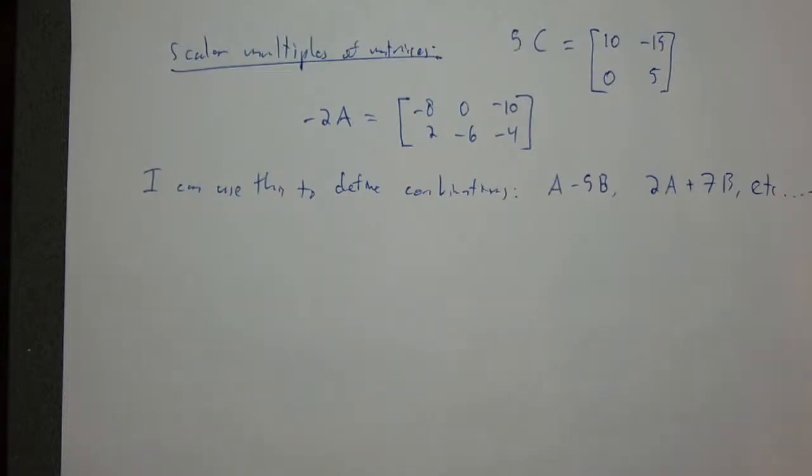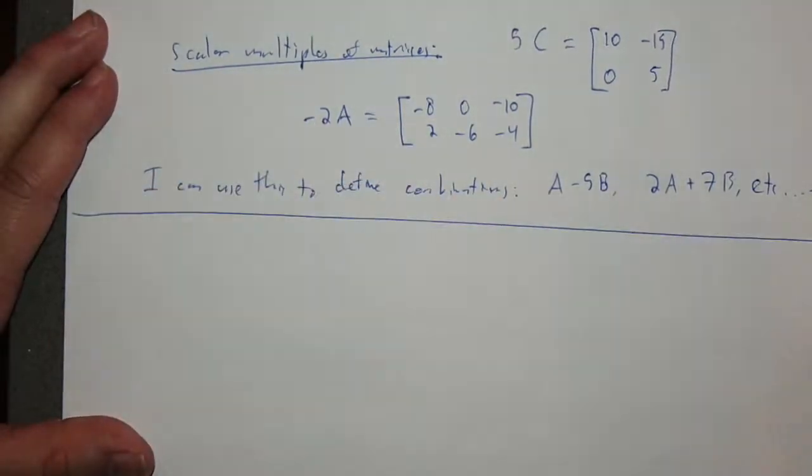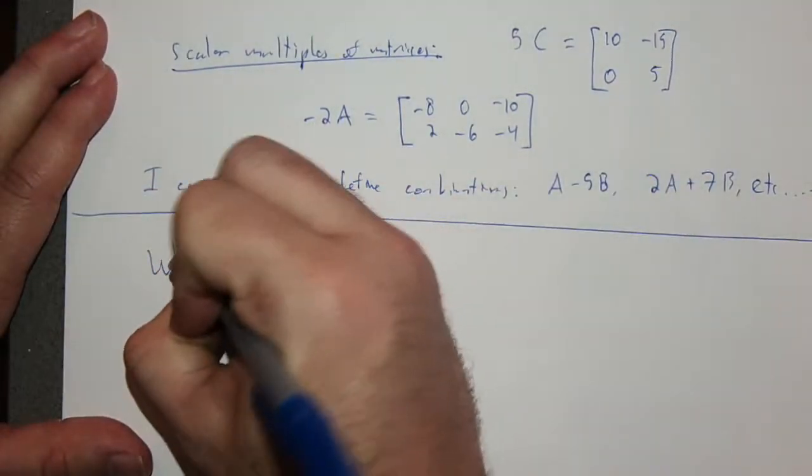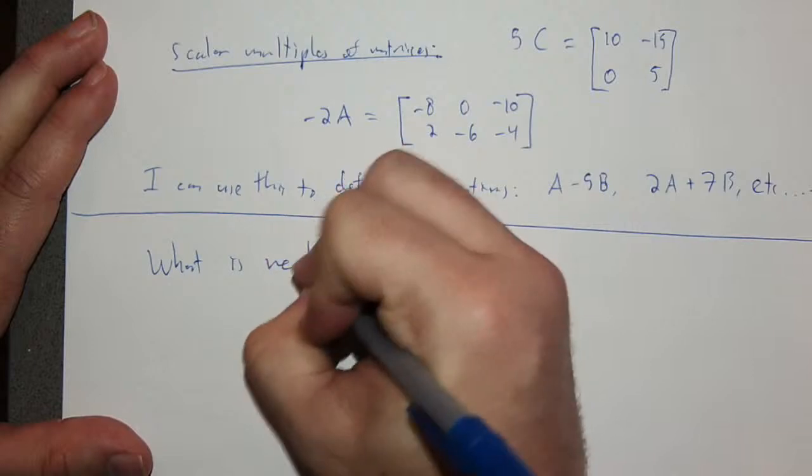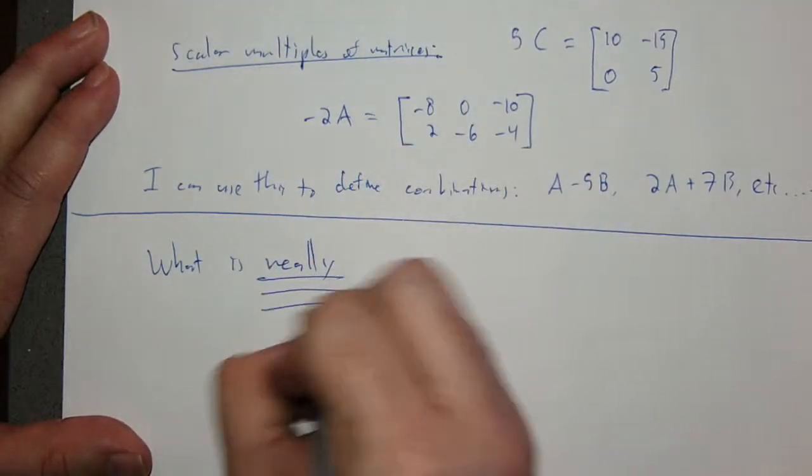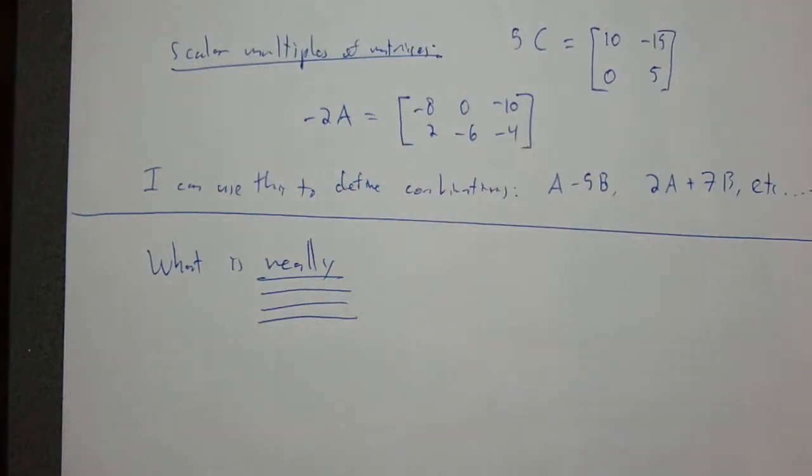Now, what is really important is matrix multiplication. When I say really important, I mean it's like the only operation that you care about on a matrix. Matrix multiplication is the thing.